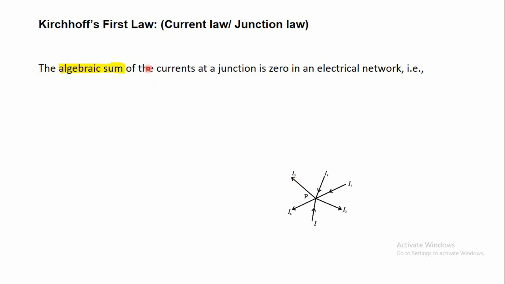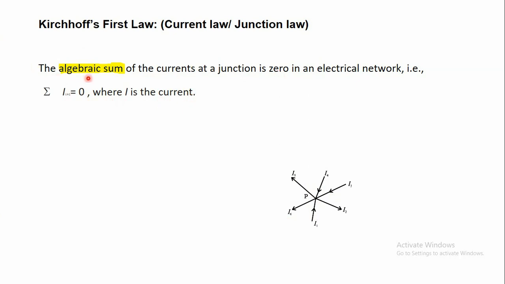So the algebraic sum of the currents at a junction is 0. It means if at this point P I make the summation of all these 6 currents, then it should come out to be 0. This is my Kirchhoff's first law. So it says that summation of I at junction J equals 0, where I is the current.